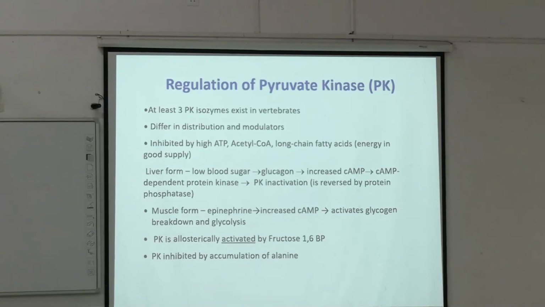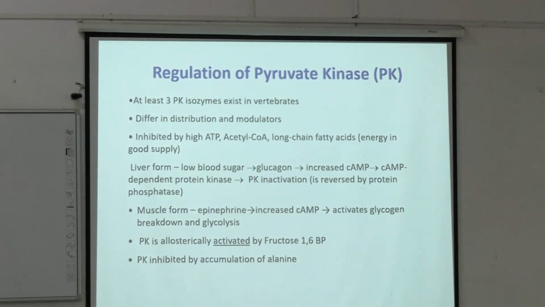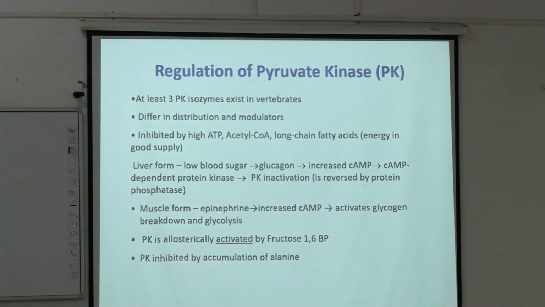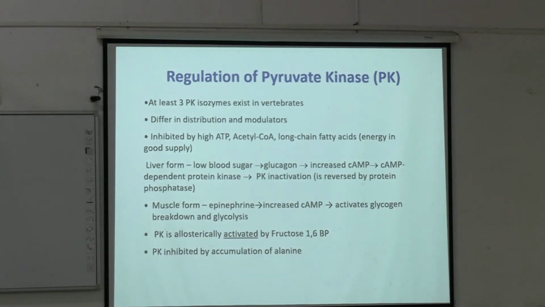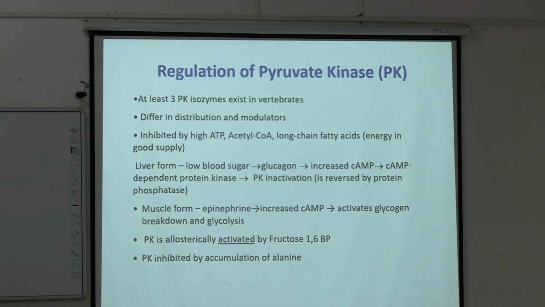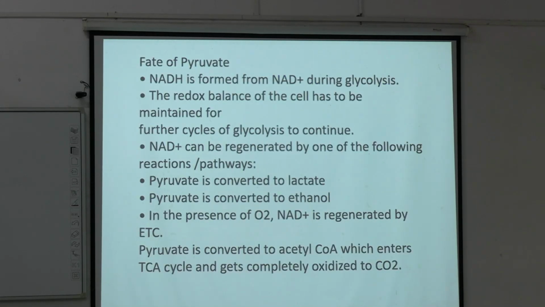Slight changes are there, where PK is allosterically activated by fructose 1,6 bisphosphate. Muscle form is acted upon by epinephrine other than glucagon, and this one is allosterically activated by fructose 1,6 bisphosphate in other tissues. You need not go into this much detail. Just remember, whatever effect insulin has on PFK1, the same effect it has on PK.